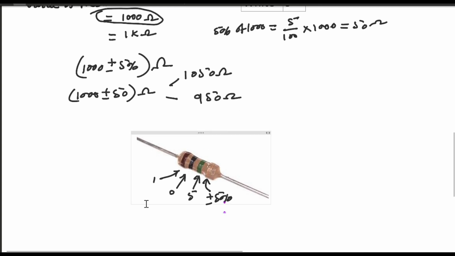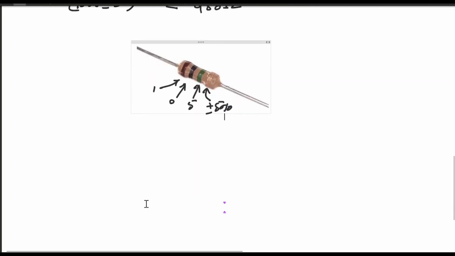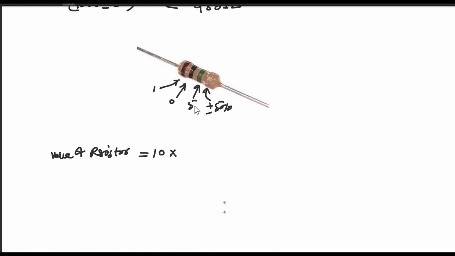So what will be the value of this particular resistor? The resistance offered by this resistor will be 1 0 multiplied by the third number as the power of 10, that is 10 raised to the power 5 ohm, plus or minus 5% of that.